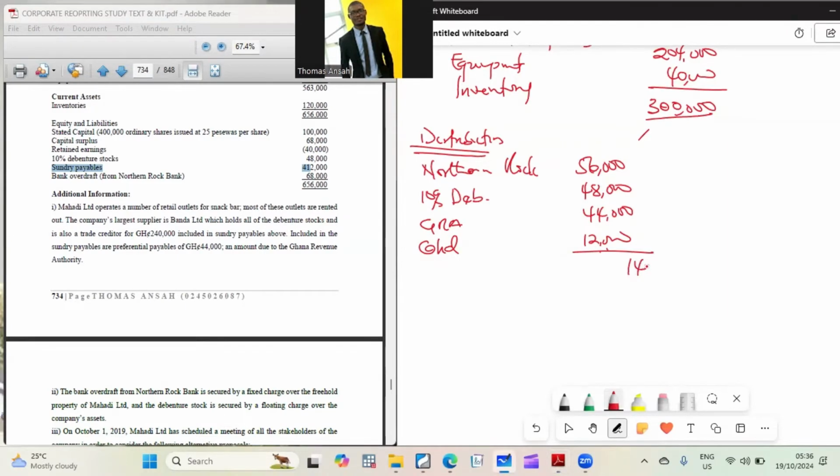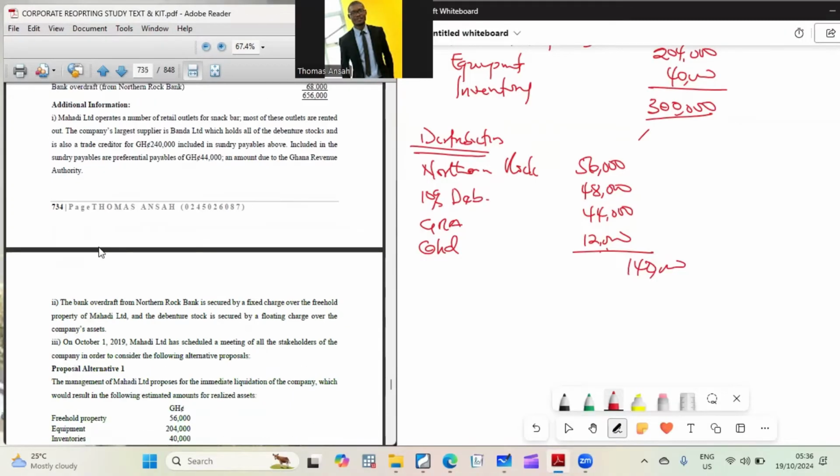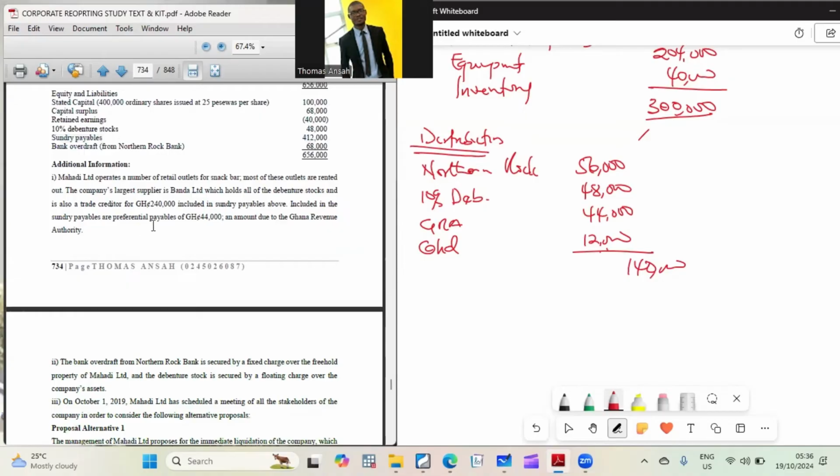But the payment next to be made. The payment we have to make here is 412. But even with the 412, they said there is somebody who had something inside this, right? When we were reading, okay, so that's GRA paid.